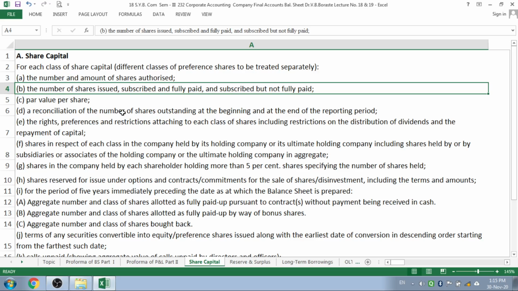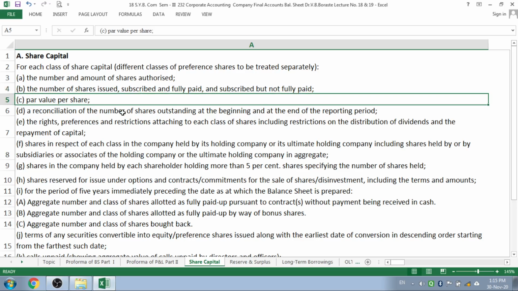We have to mention that. As you know, the shares are issued in the market and are subscribed by the people, and when they pay the full amount to the company, then it is called fully paid up. And subscribed but not fully paid up, say for example one person subscribed to 100 shares but did not pay the payment, so at that time it is called subscribed but not fully paid.